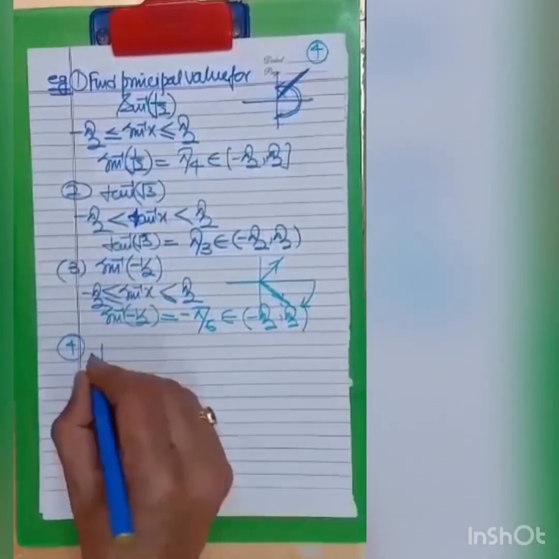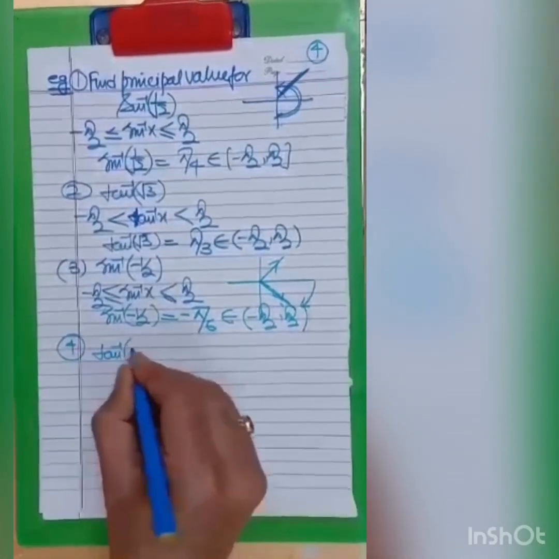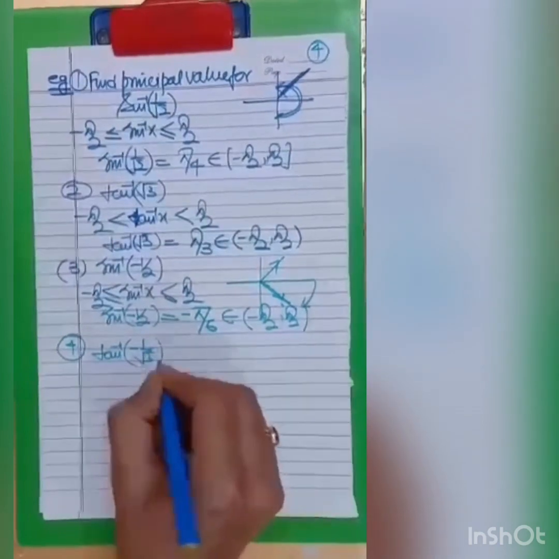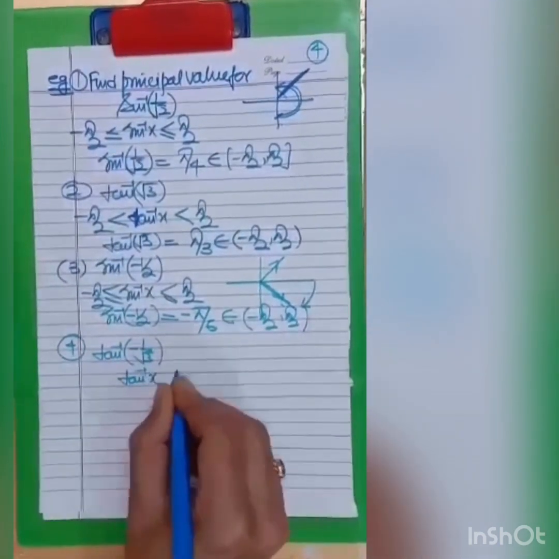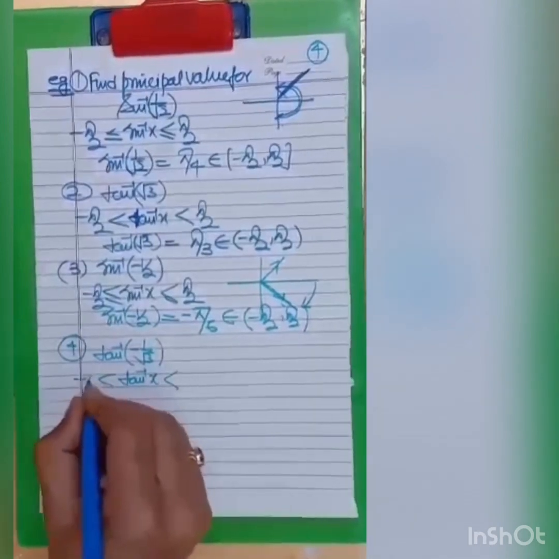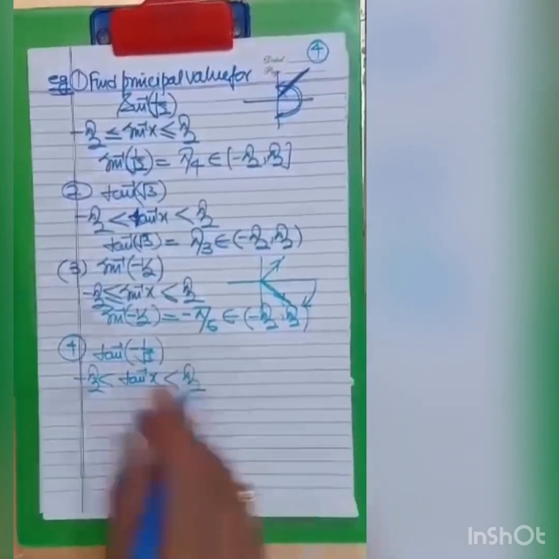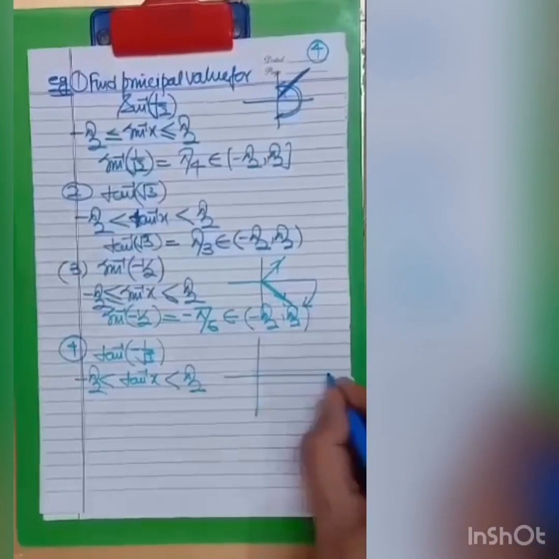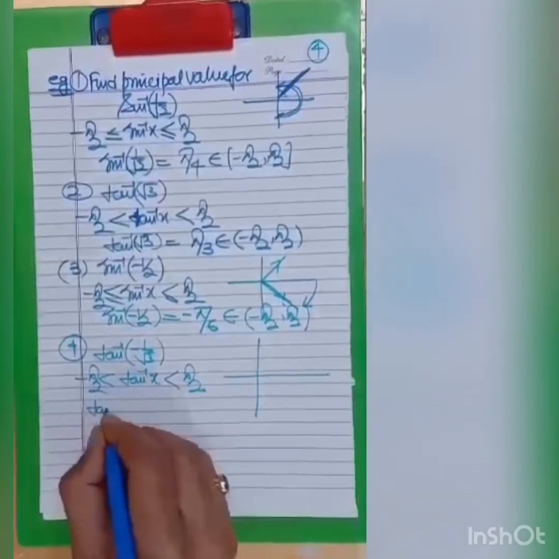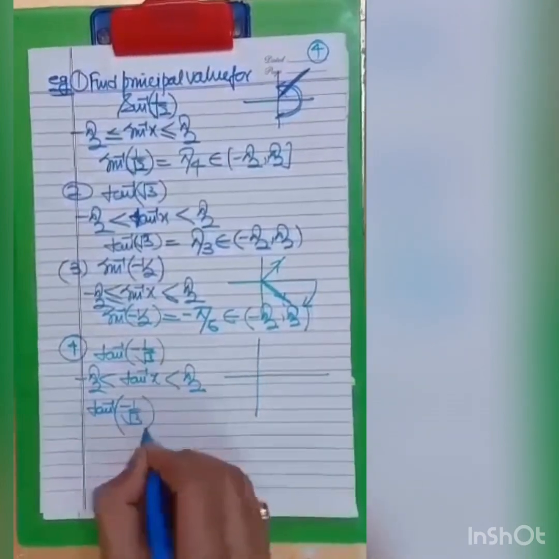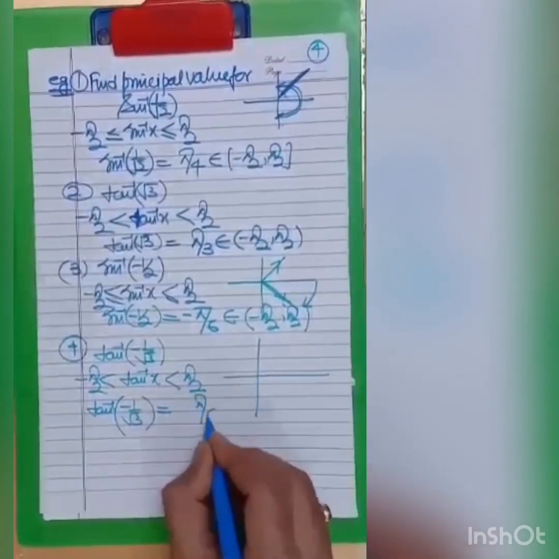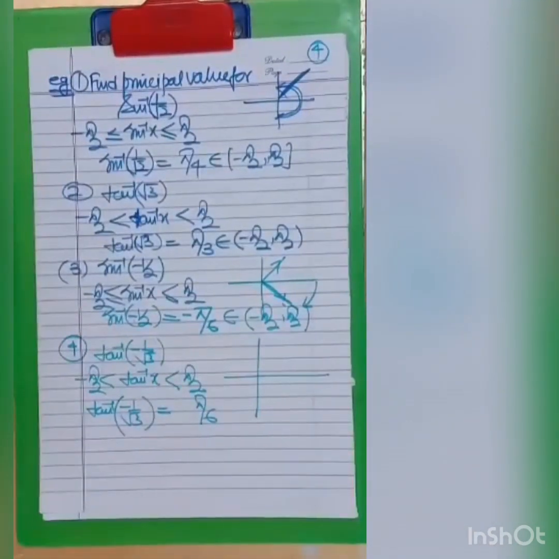Now please come to another one, tan inverse minus 1 by root 3. Children, please look, this is minus 1 by root 3. It is lying between minus pi by 2 to plus pi by 2. Children, please be careful here. Now again, your tan is having negative value 1 by root 3. As you know, 1 by root 3 is 30 degree in the case of tan.